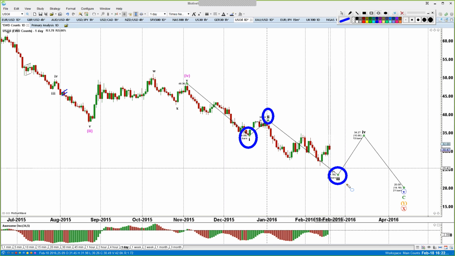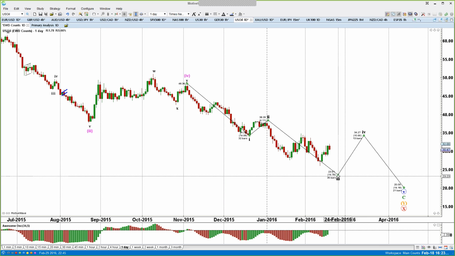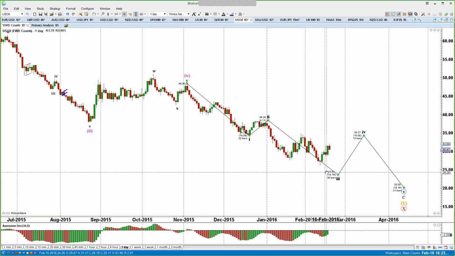In order to calculate the target for the wave 3, we need to use that tool in MotiveWave that we can click on this degree of the waves, and then with our keyboard we can go Alt 3.